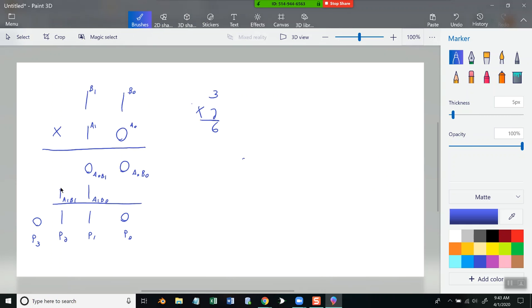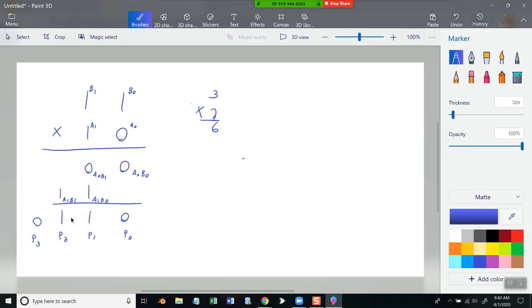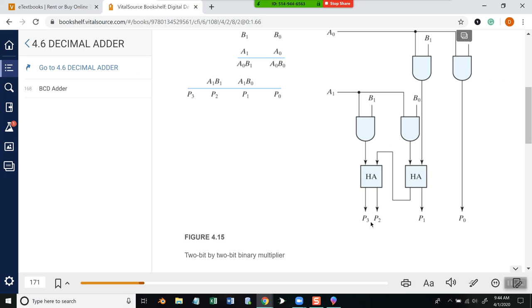So all you'll ever have is 1 here. And notice that there's no carry coming out of this because there's no way you can have a carry, because there's not another place to carry it to. But the outputs of this will give us P2 and P3. Does that make sense how that works?